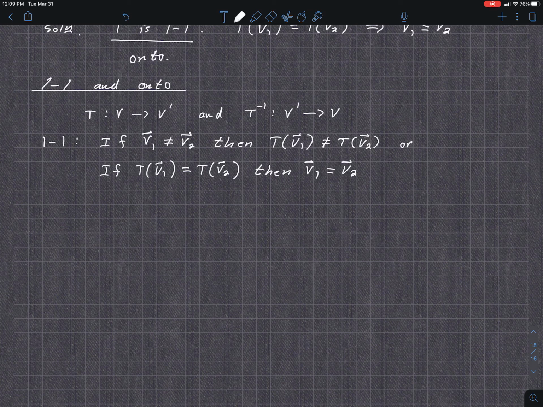So that's the contrapositive. The basic logic, and we haven't talked about this much, is that P implies Q is logically equivalent to not Q implies not P. Just Google it and you'll find all kinds of examples of why the contrapositive makes sense and is logically equivalent.